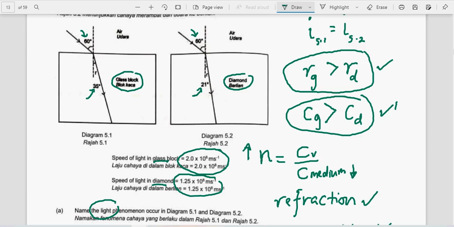Since the speed of light in diamond is smaller, the refractive index for diamond will be bigger compared to the glass block.